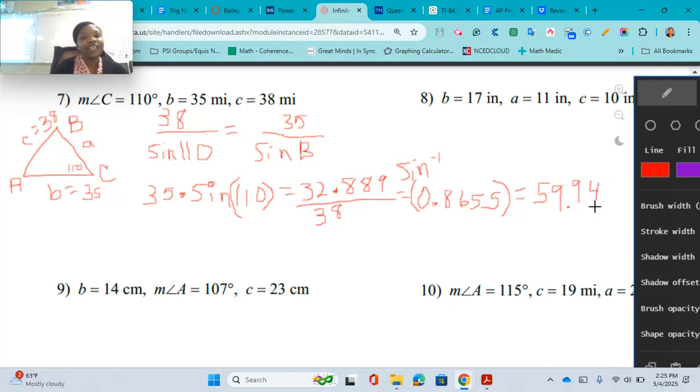Round to the nearest tenth, so our answer for the angle B will be 59.9.